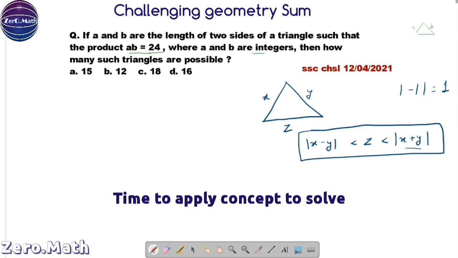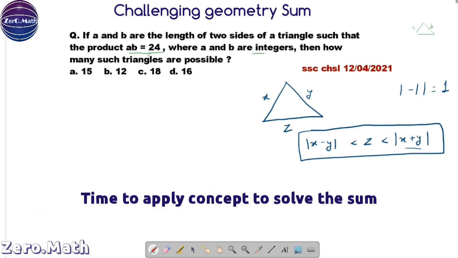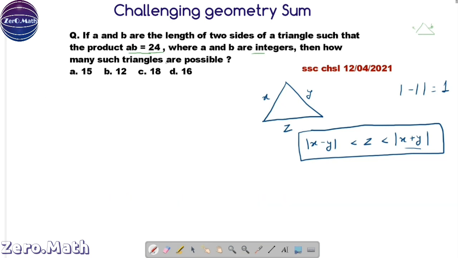Let's apply the same concept to solve this problem now. Now what has been given? The product of A and B is given as 24. So let's draw a triangle. We have given sides A and B. Let's assume the third side as C. Now we will try to find out what are the possible values of A and B. So let's plot it on the paper.